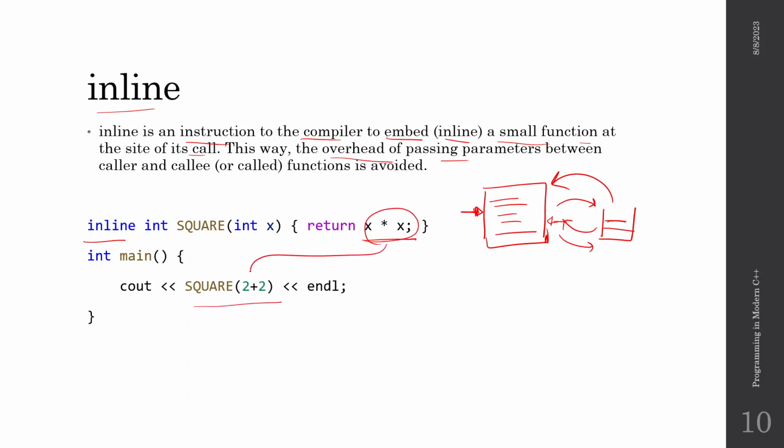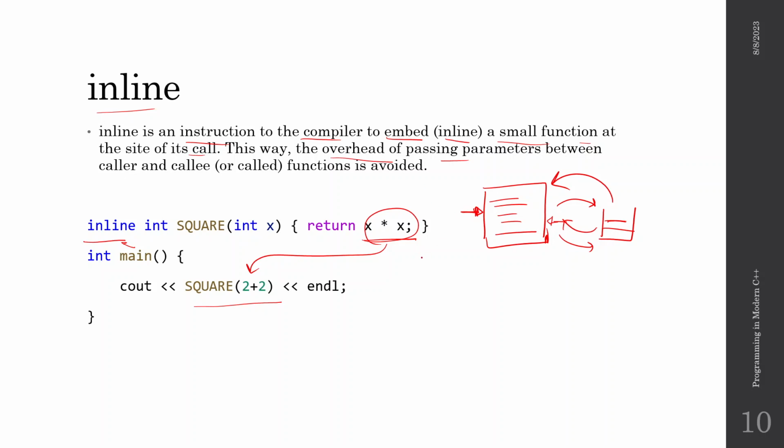So this will be replaced here. Now, one thing is that this inline is a recommendation to the compiler. It will not be enforced. The compiler will still see whether it is possible to embed the function over there or not. If it is possible, then it will embed it, or else it will not.